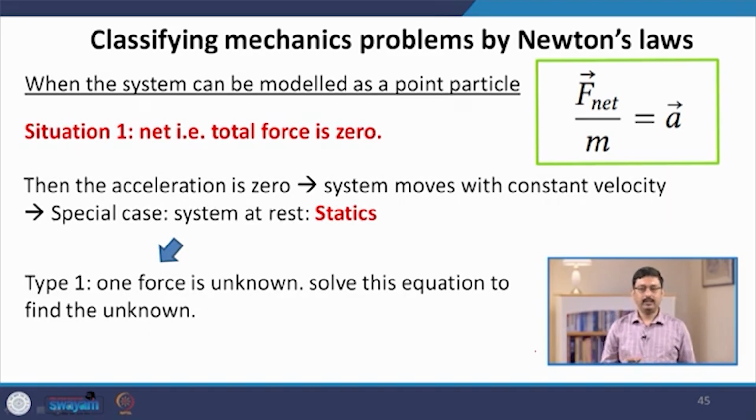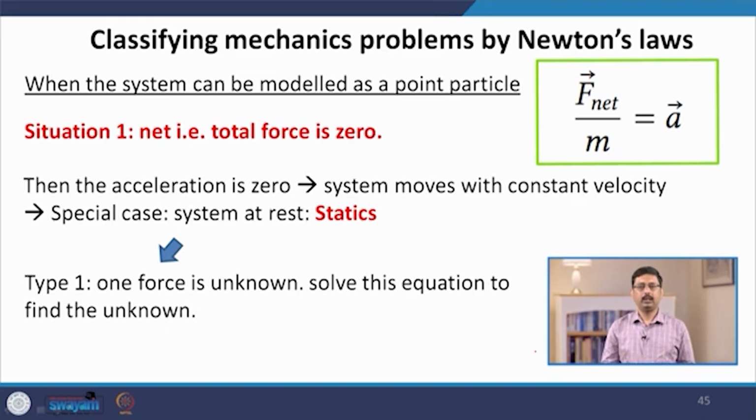The strategy is to identify the different types of problems that you typically encounter either in real life or in your mechanics textbook. Now, this is a disclaimer: I have given you a classification based on systems that can be modeled as a point particle.